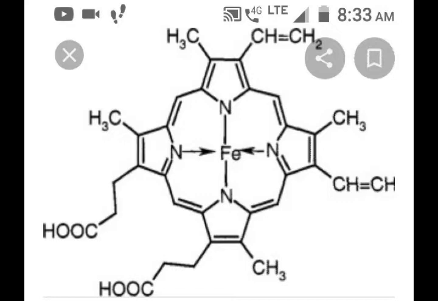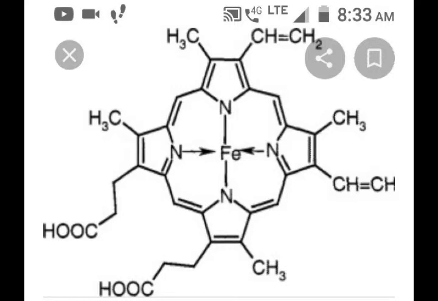Octahedral means actually here it is 6 sides. 4 positions of the octahedron are occupied by the porphyrin ring. The 5th position is occupied by the imidazole ring of a histidine residue. And the 6th position is available for binding the oxygen molecule.